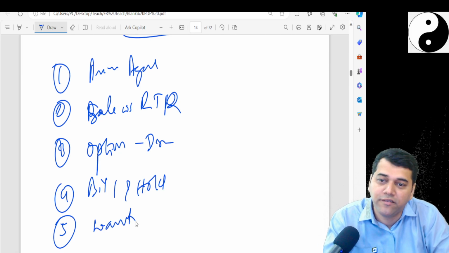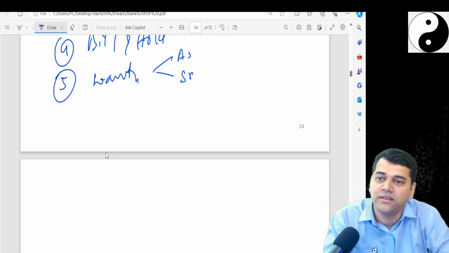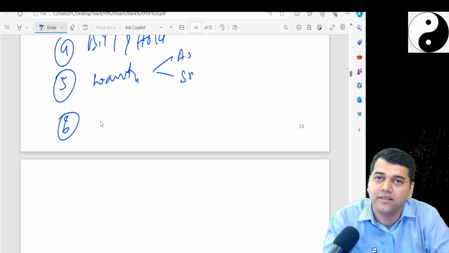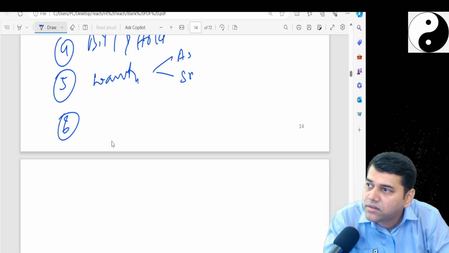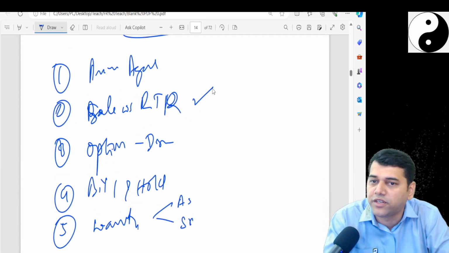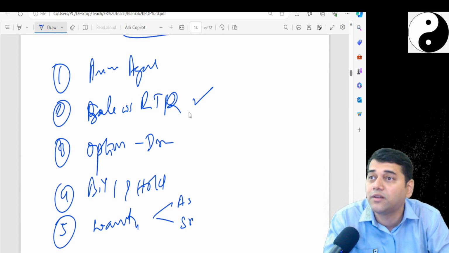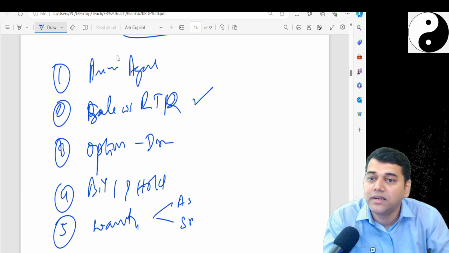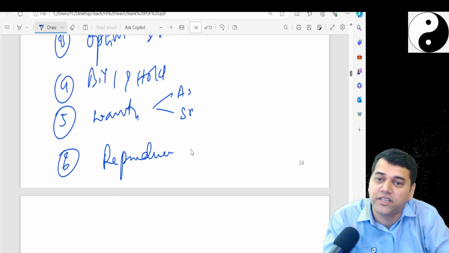Warranty we learned, where assurance warranty, service warranty. Then, sorry, that is sale and return, sale with the right to return. Repurchase. Okay. Repurchase means what all the combination it can happen?